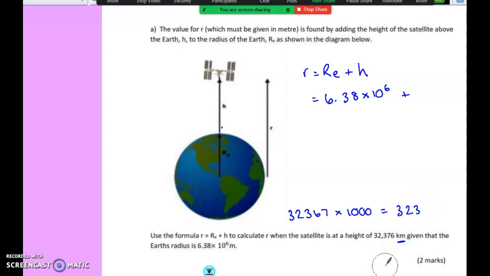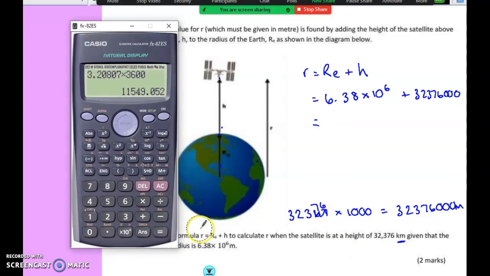Has anyone spotted my mistake there? I do that all the time, put numbers round the wrong way. So it's 32,376,000 meters.